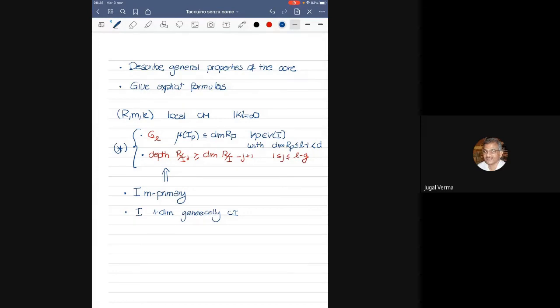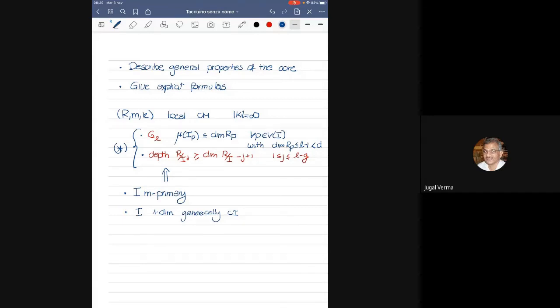More in general, the class that satisfies these is every generically complete intersection ideal which is Cohen-Macaulay. It doesn't have to be one-dimensional, but has to have L equal to G plus 1.